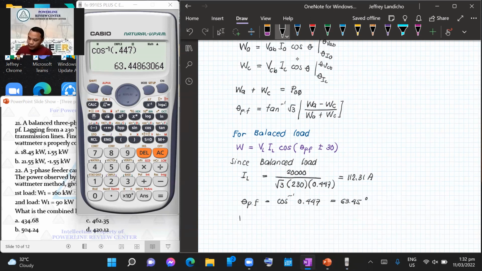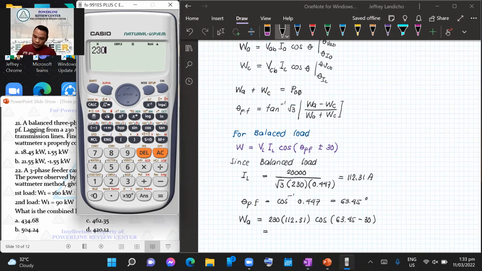Therefore, pwede natin kunin wattmeter A: line voltage, ilan siya? 230. Line current, nakuha natin, 112.31. Cosine, ano yung power factor angle? 63.45. So, gamitin ko minus 30. So, ito yung first wattmeter natin.